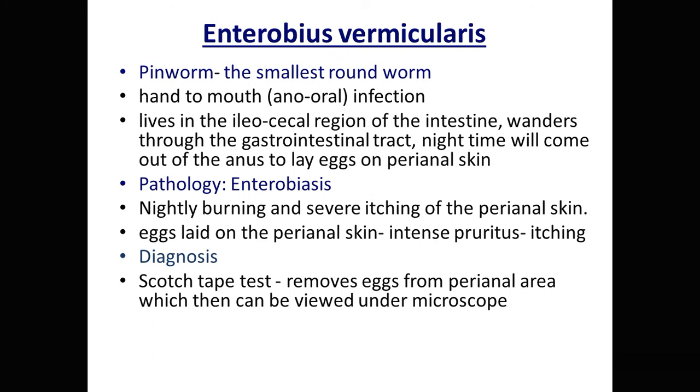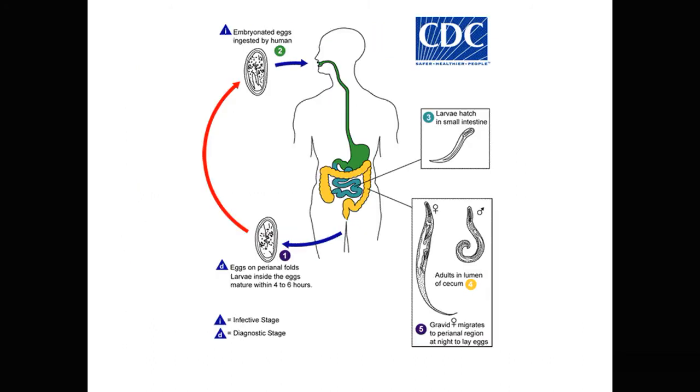Very often children are infected and they start to itch the area, and again, they can reinfect themselves. Diagnosis is achieved through the Scotch tape test that removes eggs from the perianal area and can be observed under the microscope. This is the cycle.